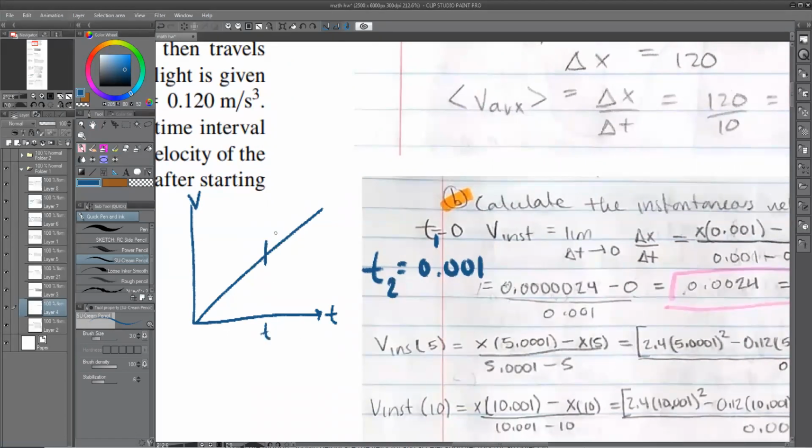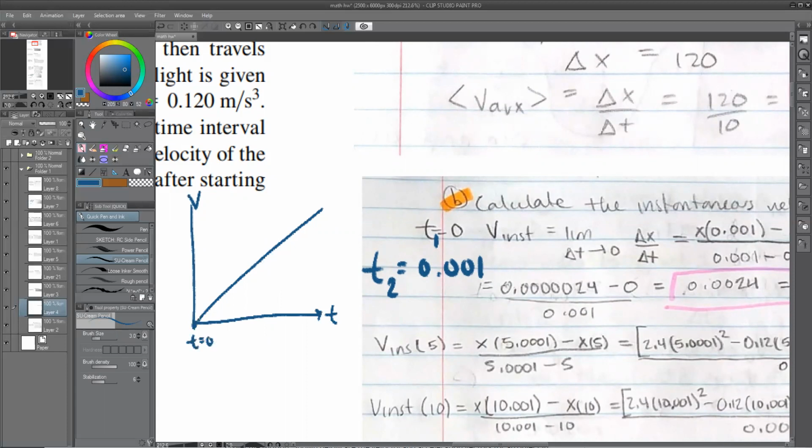That's kind of impossible unless you take a tiny point very close to it, almost invisibly small. So this t in our example is actually t equals 0, and we can show that by doing this, t equals 0.